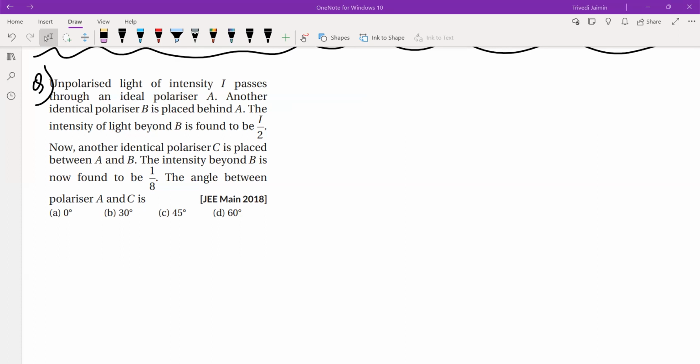Which chapter shall I do? Modern physics, semiconductors, or electromagnetic waves? Which one?